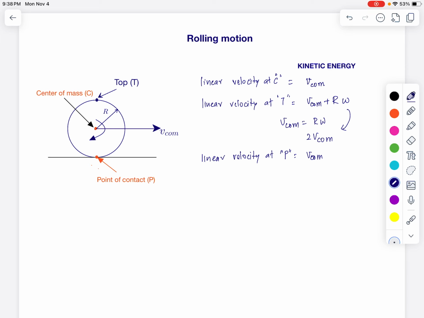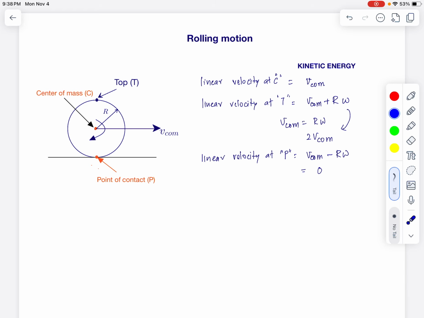So we have minus r times omega, and since V center of mass is equal to r times omega, this is 0. So this point of contact is momentarily at rest. Every time, a different point on the cylinder comes into contact with the floor, but momentarily at the point of contact, the linear velocity is actually 0.